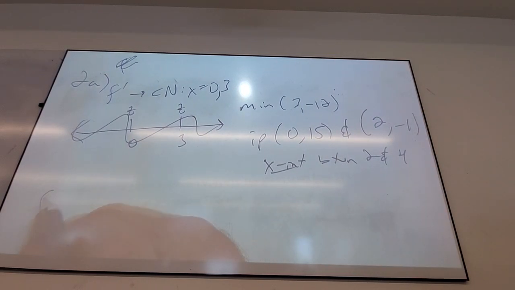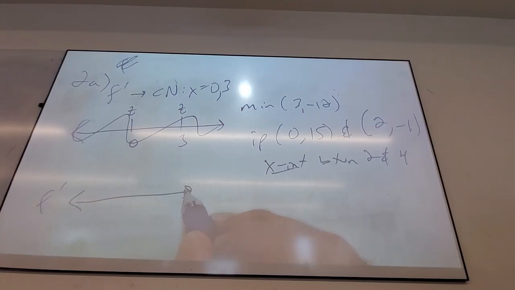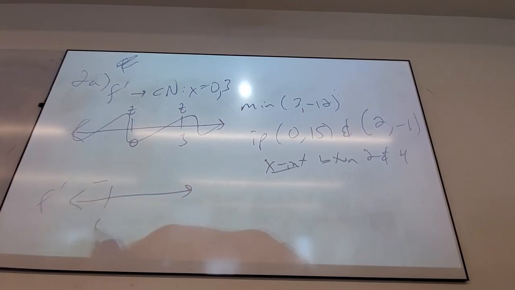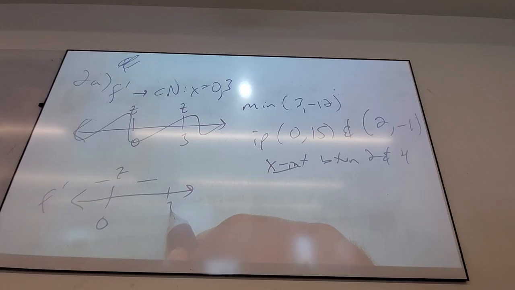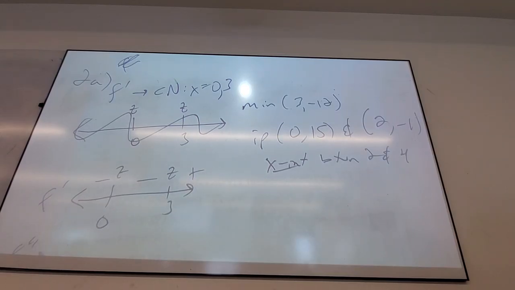Let me see. F prime looks like this: negative, negative, positive. And F double prime looks like this: positive, negative, positive.